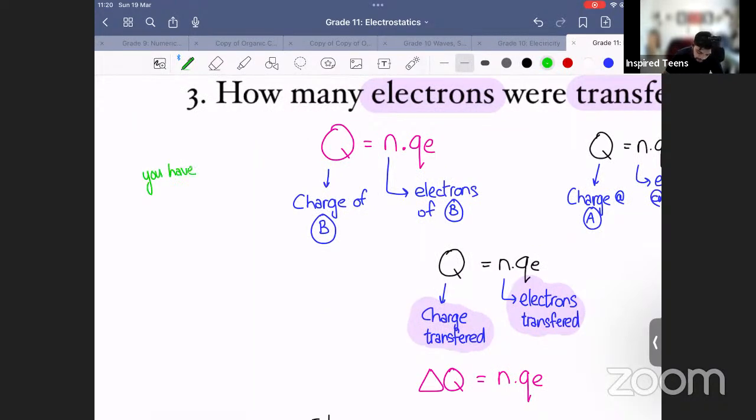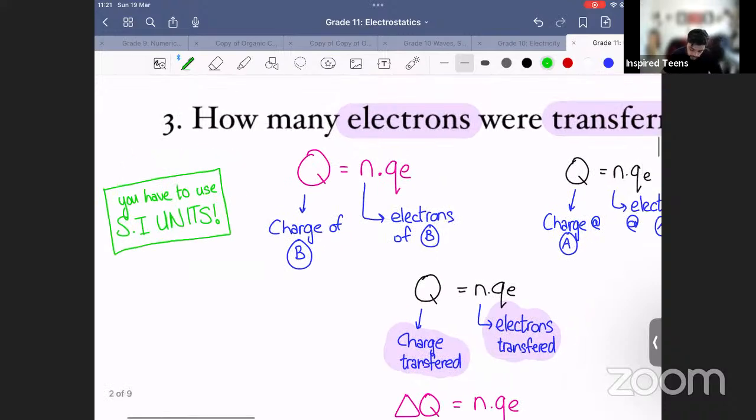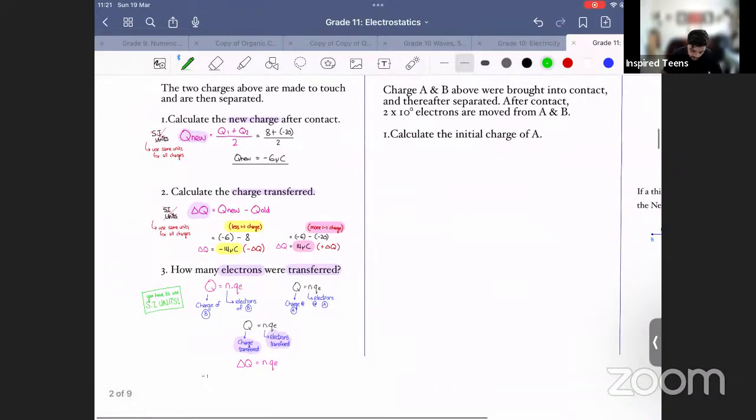Then the other thing is you have to use SI units for this formula. So the first two, you don't have to.